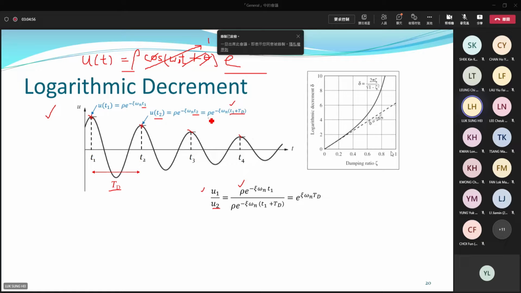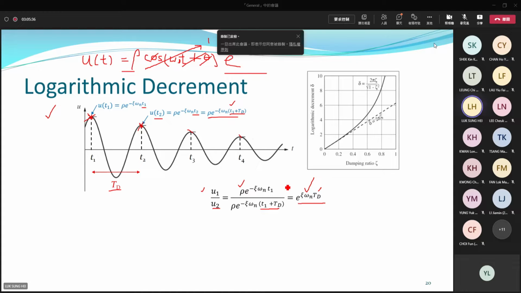For U2, I use the expression in terms of t1 and td: instead of t2, I use t1 plus td for the time. Taking the ratio, it becomes an exponential function with exponent damping ratio omega n td. So when you take the ratio between two vibration amplitudes, you can find it easily using the damping ratio, frequency, and period.